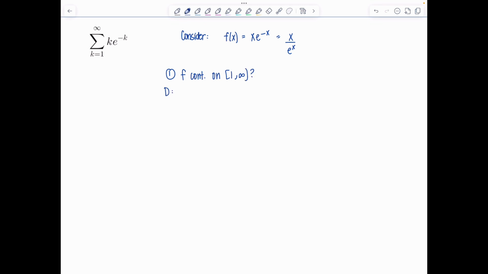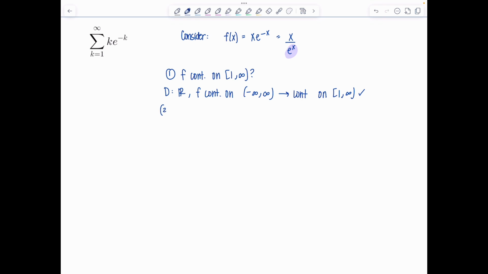Does it have any restrictions? Can e to the x ever be 0? No, it cannot. So the domain is all real numbers. So then f is continuous on negative infinity to infinity. So then, of course, it's going to be continuous on the subset 1 to infinity.